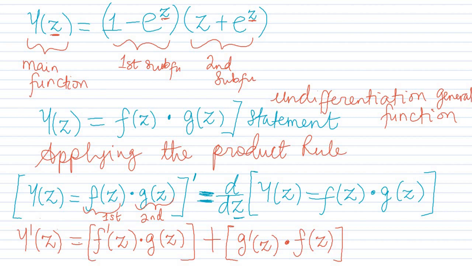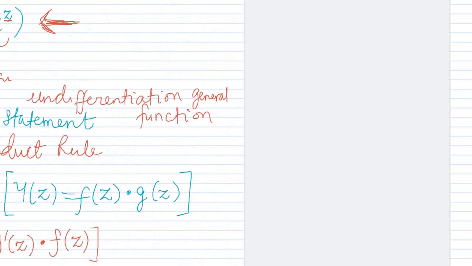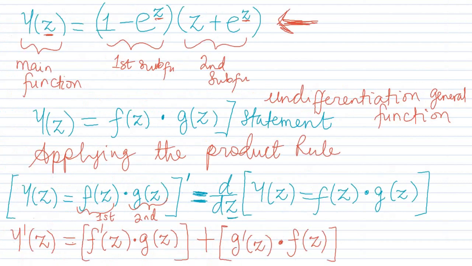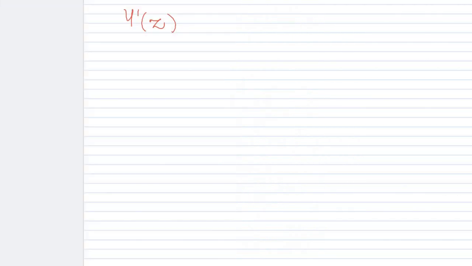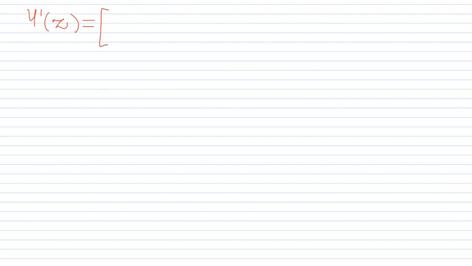And I would also like to do the breakdown of the actual question we're given here, where I have the red arrow. You'll be able to see it better. So I'm going to rewrite the last thing I wrote here and start differentiating our actual question. So we have here y prime of z, so the derivative of that equals f prime of z multiplied by g of z.